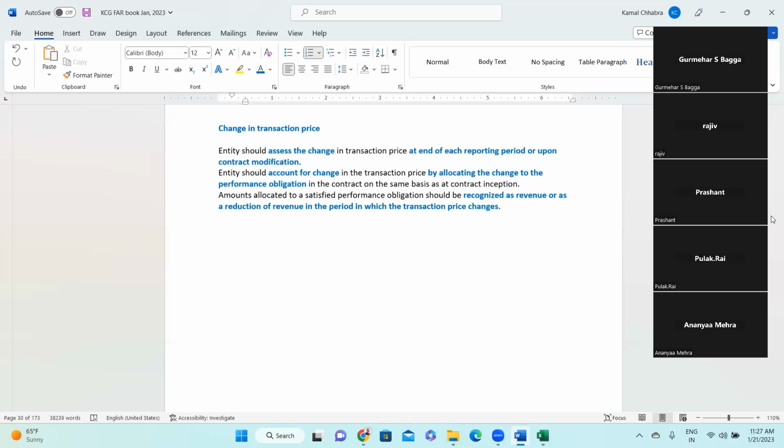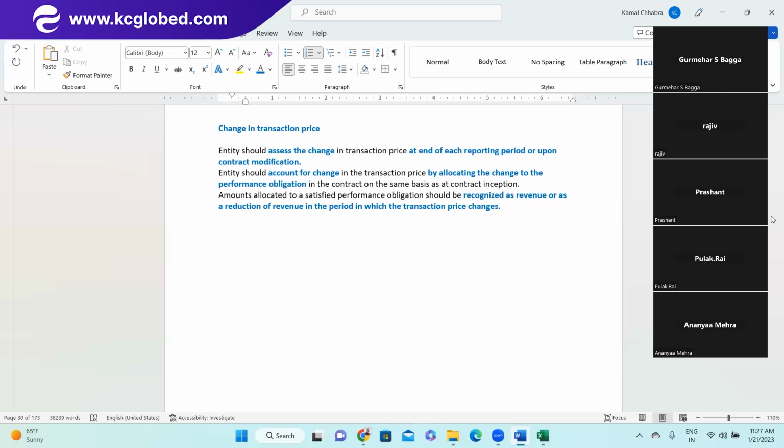Yes, yes. Performance obligation may change, like with contract modification. If you remember, there are two types of modification, right? One is just changing the price. For example, let's assume you are providing lease line rental, right? As of now, let's assume you are charging $1 for each lease line, and in future your price has increased to $1.10.